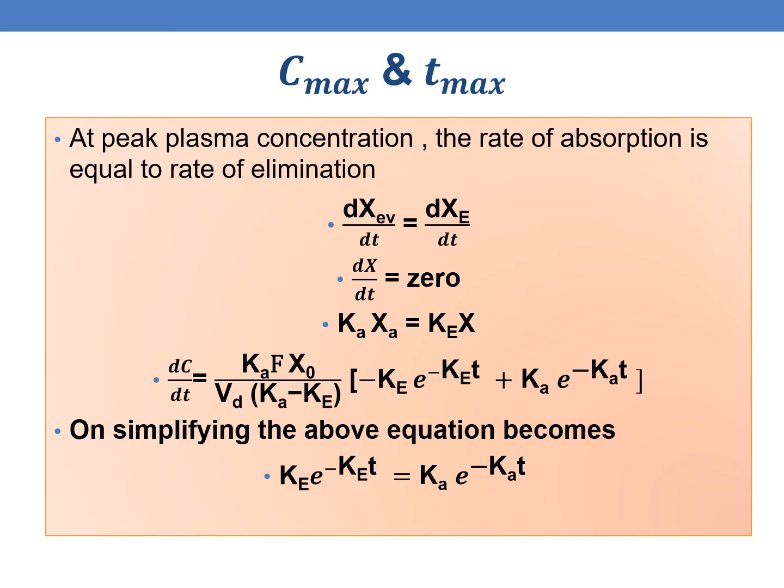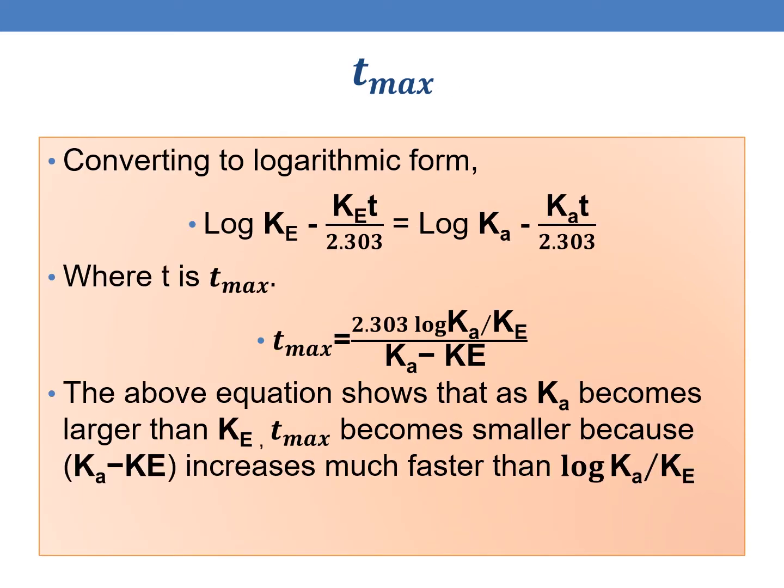at peak plasma concentration Ke into e to the power of minus Ket is equal to Ka into e to the power of minus Kat. And converting the above equation to logarithmic form, we get log Ke minus Ket by 2.303 is equal to log Ka minus Kat by 2.303.